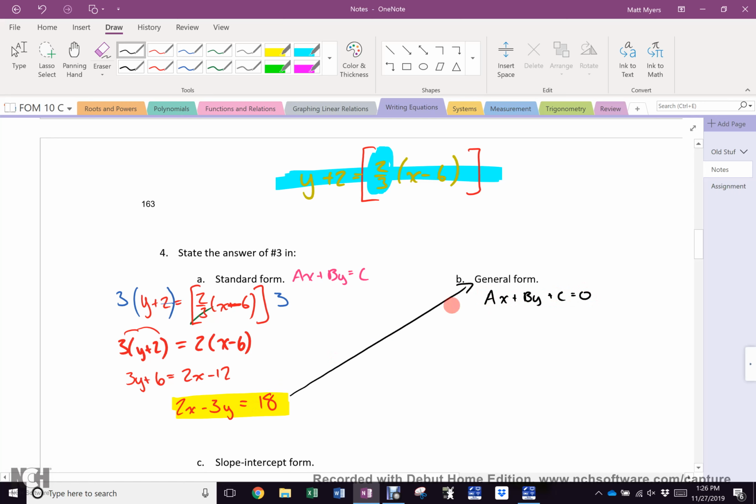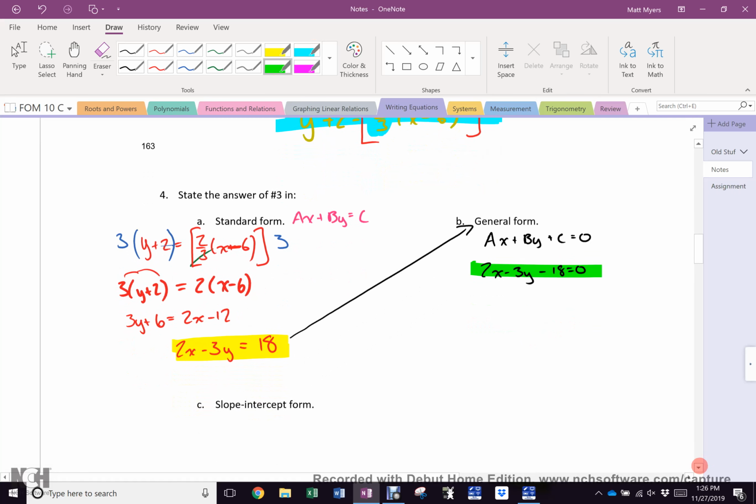How do I turn this into general form? What's the only thing that has to move? What moves? And what is C? 18. 2x - 3y - 18 = 0.